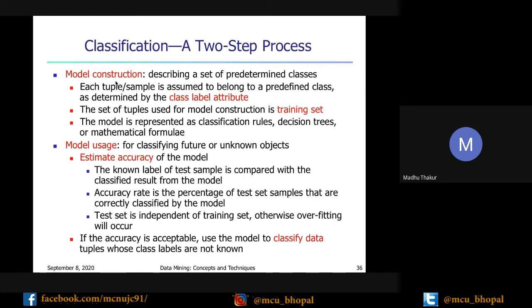For this there are decision trees, mathematical formulas, or a number of classification approaches available for model training. You can estimate the accuracy of the model. If your accuracy is good, then you can choose the model. If your classifier is giving less accuracy, then sometimes we look for another approach. As I said, test data is independent of the training set, otherwise the overfitting problem will come.